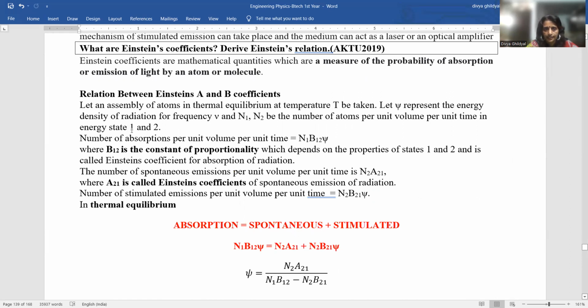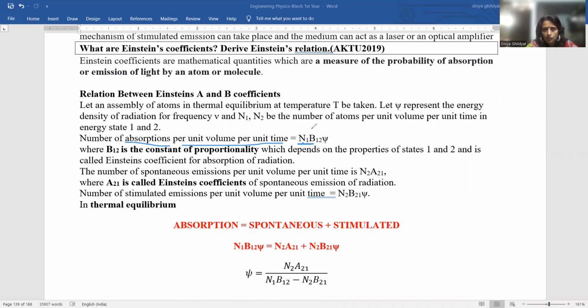I have written this as a mathematically derived theorem, but it is very easy. N1 means the number of atoms in the ground state, N2 means the number of atoms in the excited state. And now, how many have been absorbed per unit volume per unit time? See, N1 were lying in the ground state.